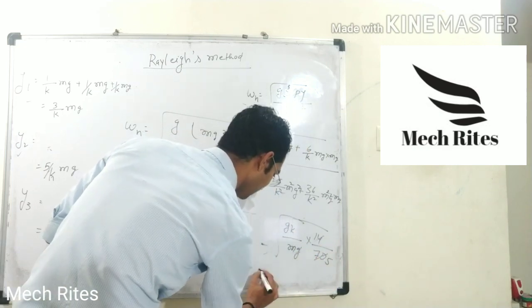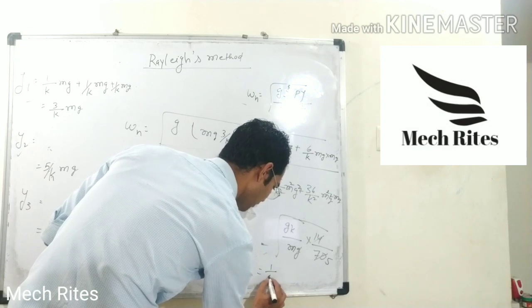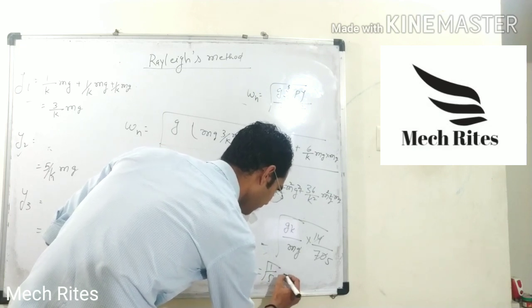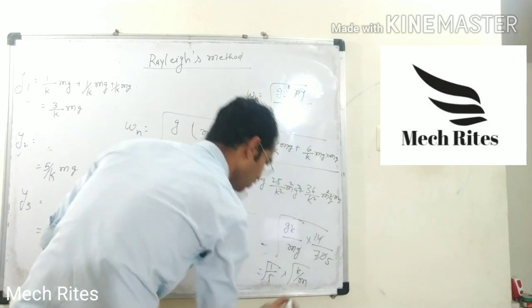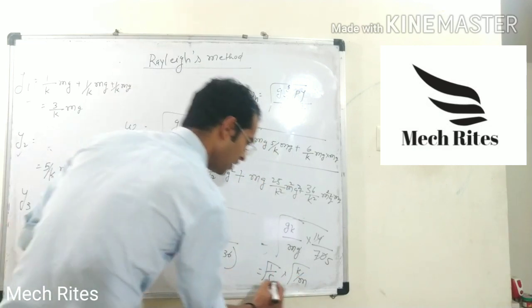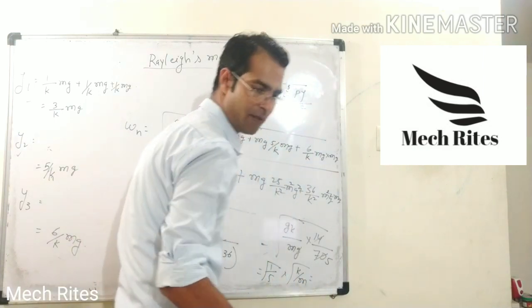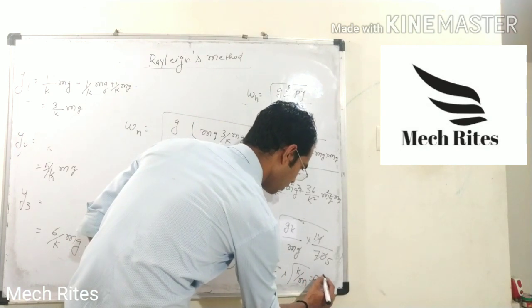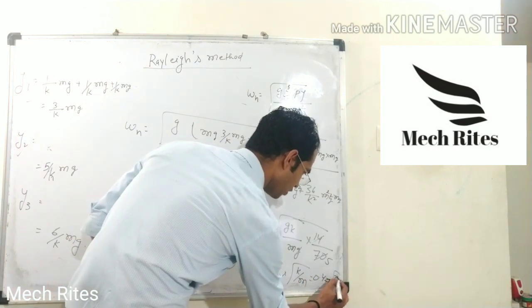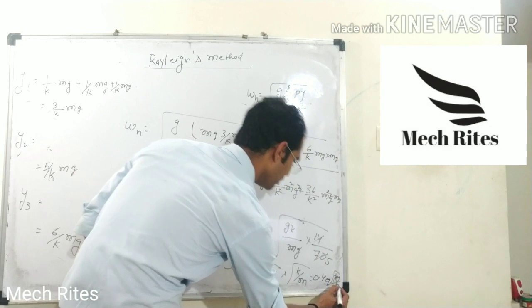G and G will be cancelled, 1 by 5 root multiplied by under root k by m. So if you solve this part, you will get the value. Its value will be about 0.429 under root k by m. So what is the final answer?